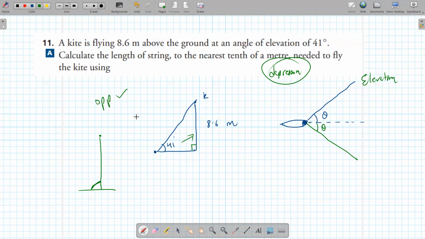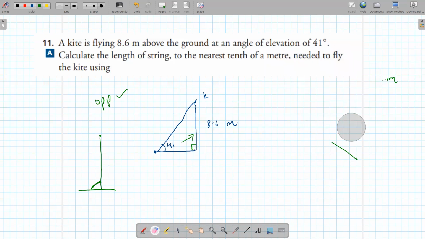So we know we have the opposite. What are they asking us? Calculate the length of the string. So are we looking for the hypotenuse or the adjacent? The length of the string is the hypotenuse. Right, so opposite given, hypotenuse we're looking for.